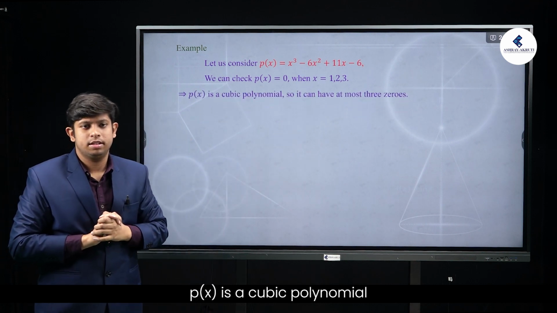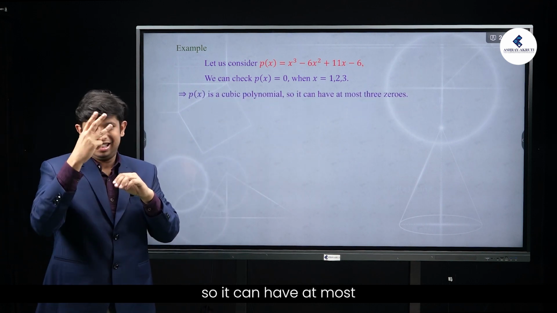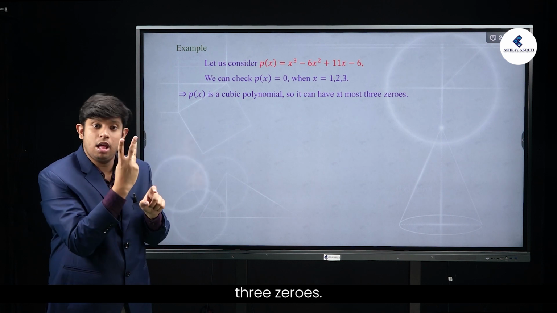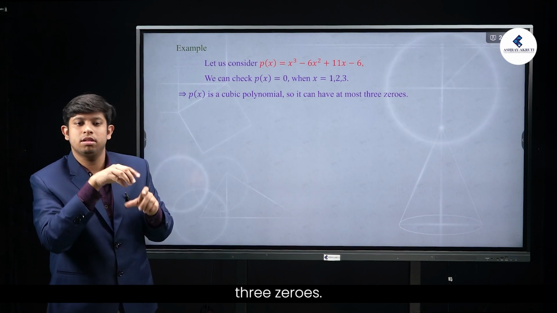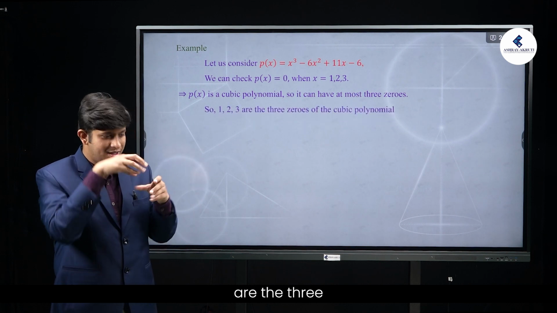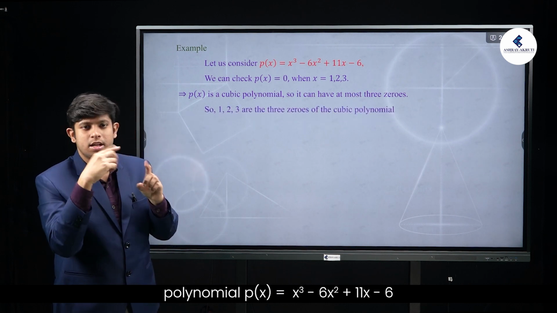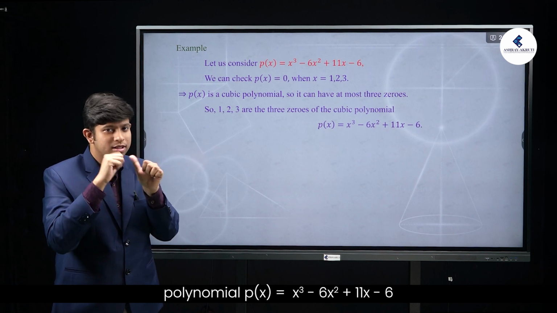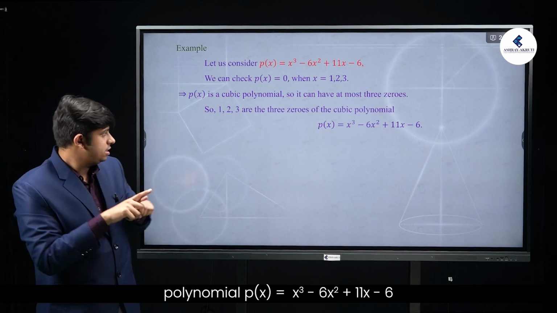P of x is a cubic polynomial, so it can have at most 3 zeros. So, 1, 2, 3 are the 3 zeros of the cubic polynomial p of x is equal to x cube minus 6x square plus 11x minus 6.